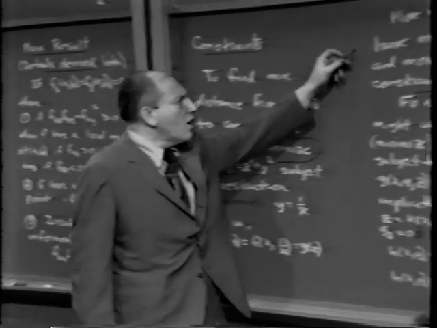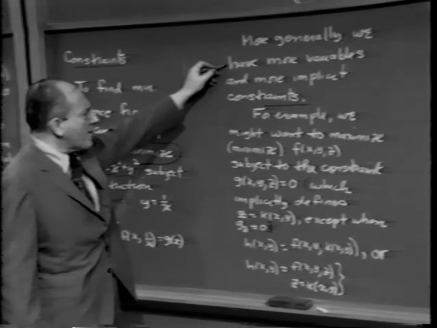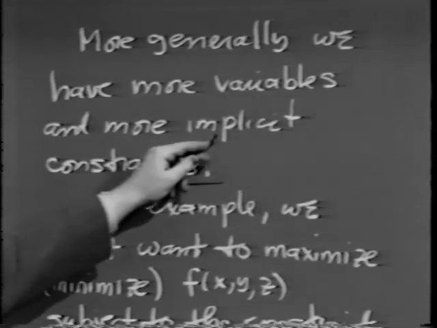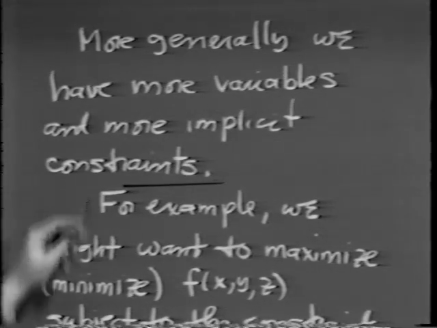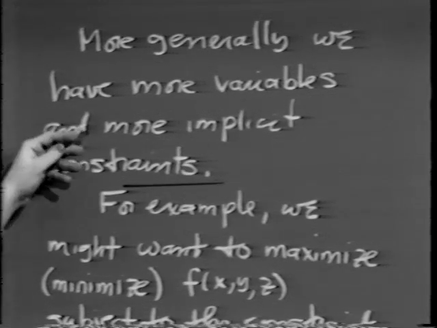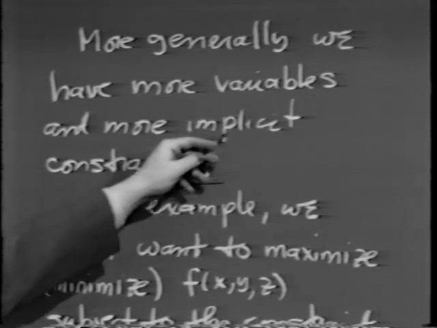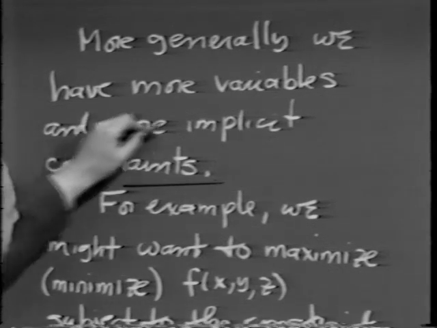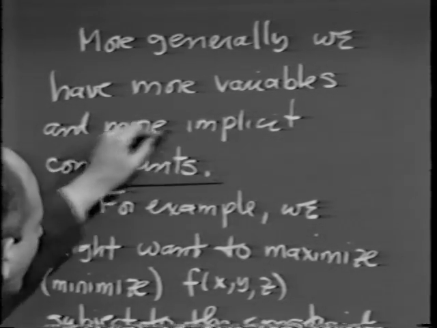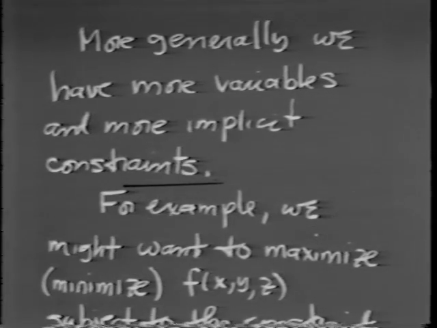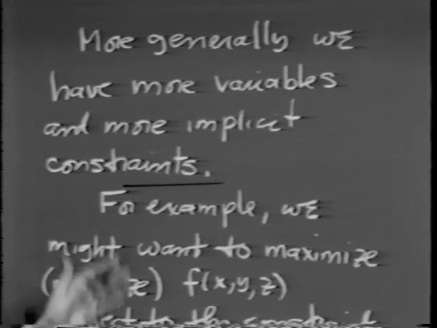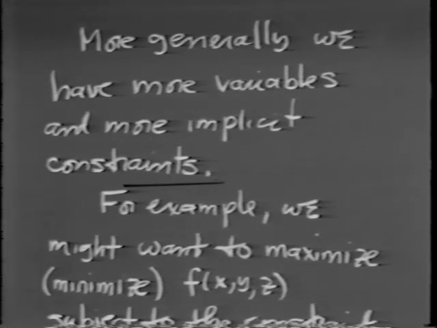See, more generally, what we're saying is we have more variables than 2, and more constraints than just a single constraint, and also an implicit relationship where you just can't solve for one of the variables explicitly in terms of the other, even though there is an implicit relationship involved.